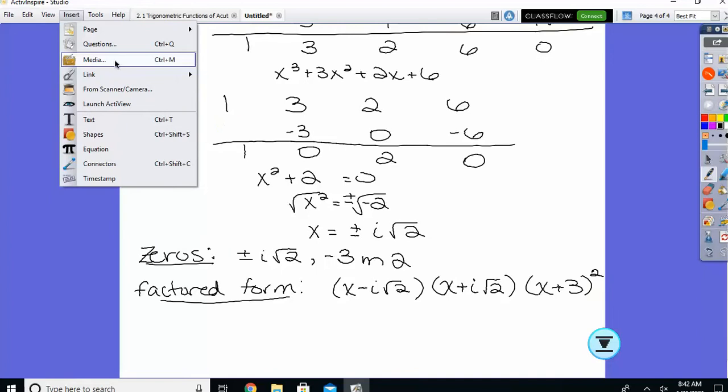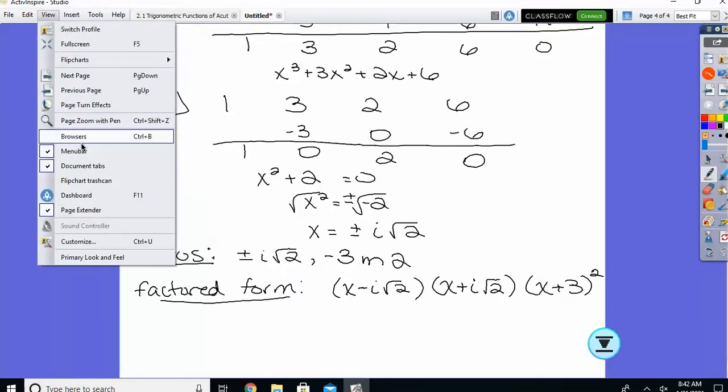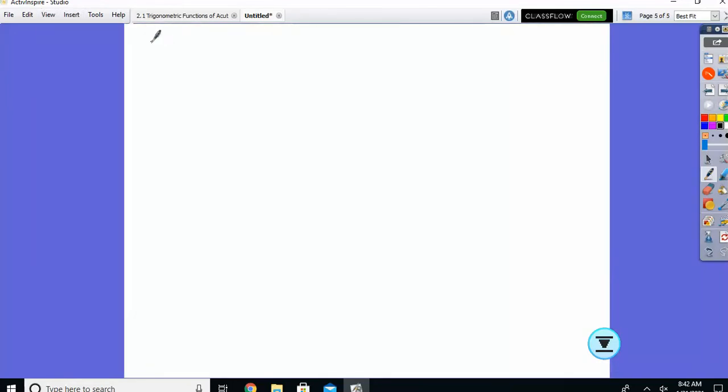Alright, so 9b is a pretty ugly one. I gave you the first 0. If I give you the first 0, what do you have to do? Synthetic. So we're going to do synthetic with 3 minus 2i. If 3 minus 2i works, what else has to work?